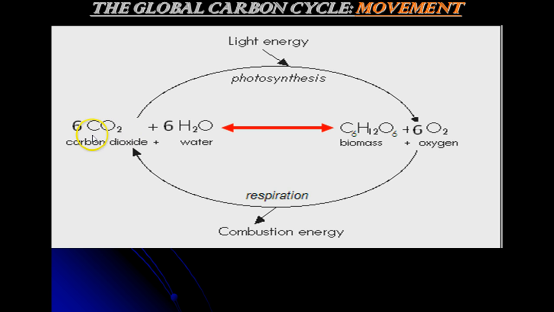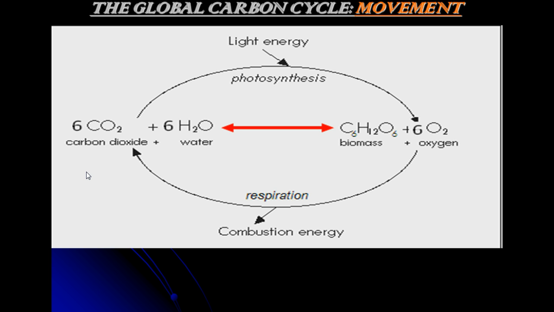So here you see carbon dioxide being given off during the respiration process. Here you're seeing it being used in photosynthesis. So make sure you understand that photosynthesis uses or scrubs carbon dioxide from the atmosphere, and cellular respiration releases it back into the atmosphere.